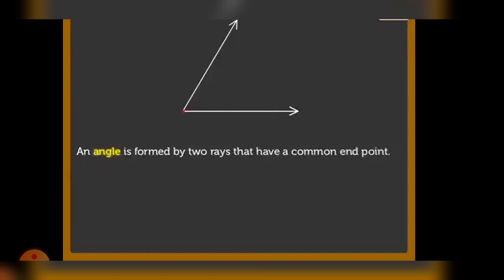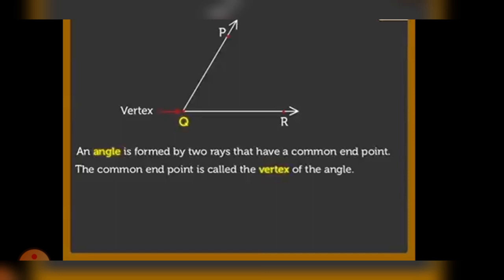So, here the common end point is Q, which is forming ray PQ and RQ. The common end point is called the vertex of the angle. So here Q is the vertex.